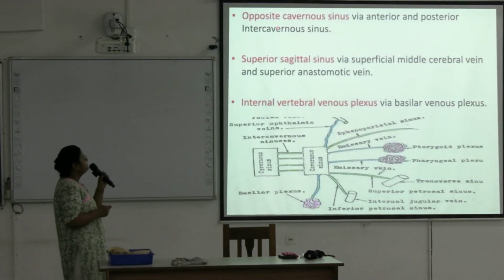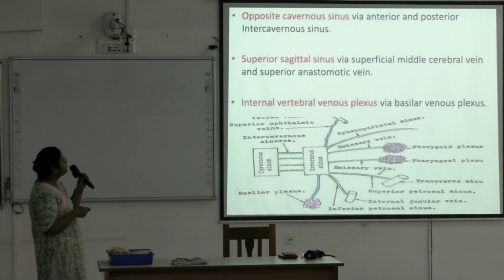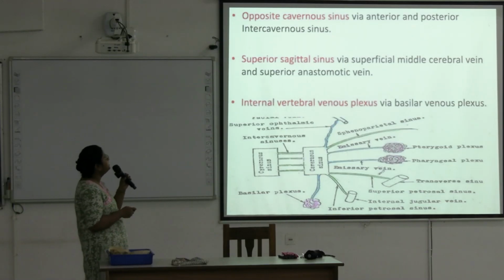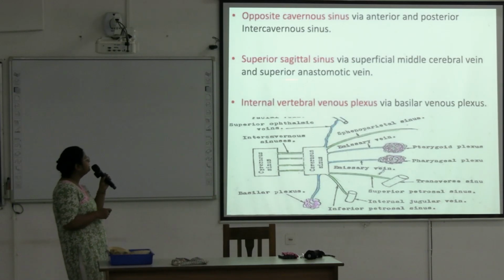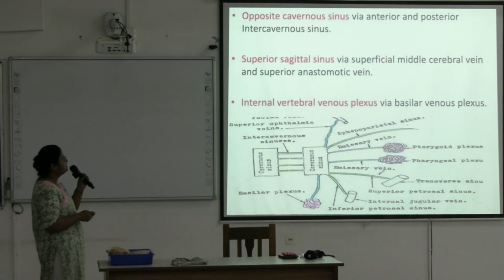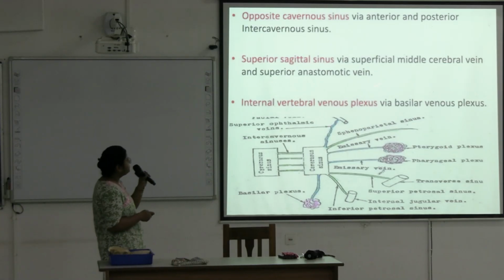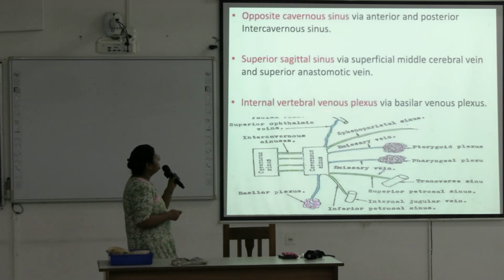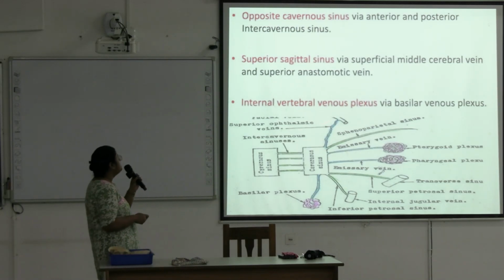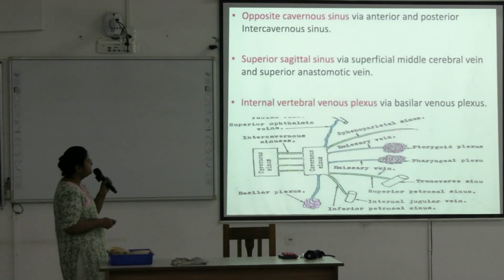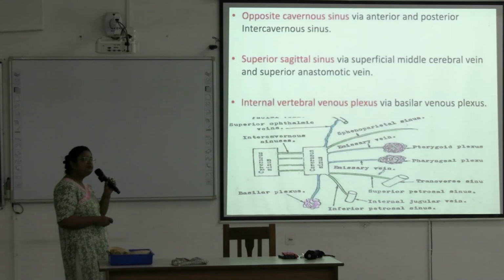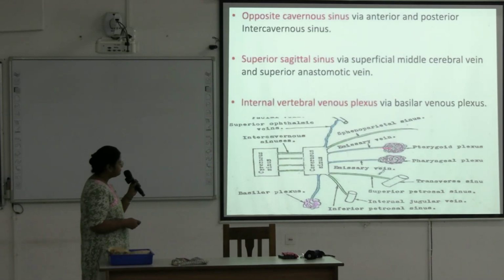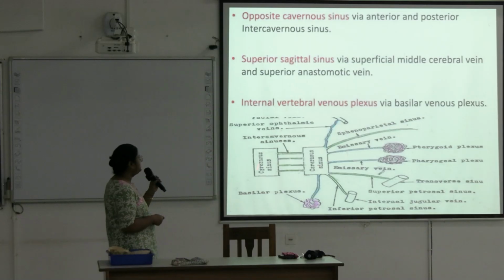So it is connected to opposite cavernous sinus via anterior and posterior intercavernous sinus, superior sagittal sinus via superficial middle cerebral vein and superior anastomotic vein, internal vertebral venous plexus via the basilar venous plexus. Okay. See here is schematic diagram.